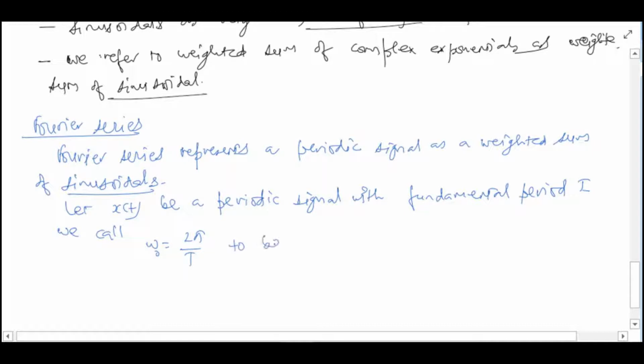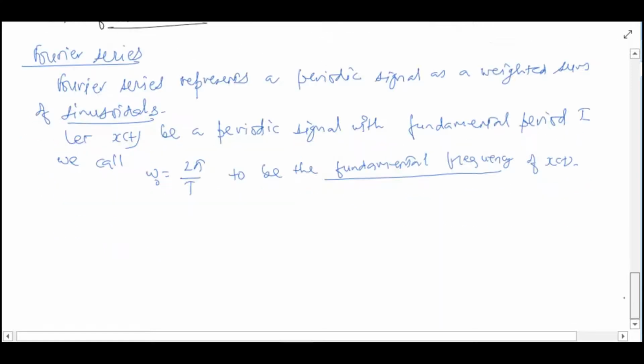For x(t) we can represent it as a weighted sum of complex exponentials, or a weighted sum of sinusoidals, as follows: x(t) equals the sum of a_k e raised to j k omega naught t.